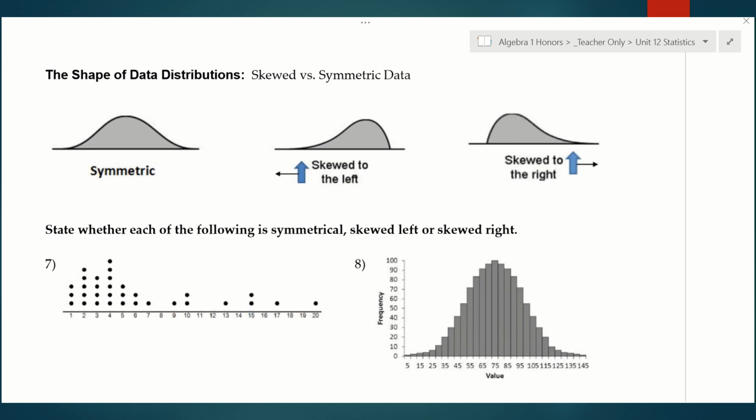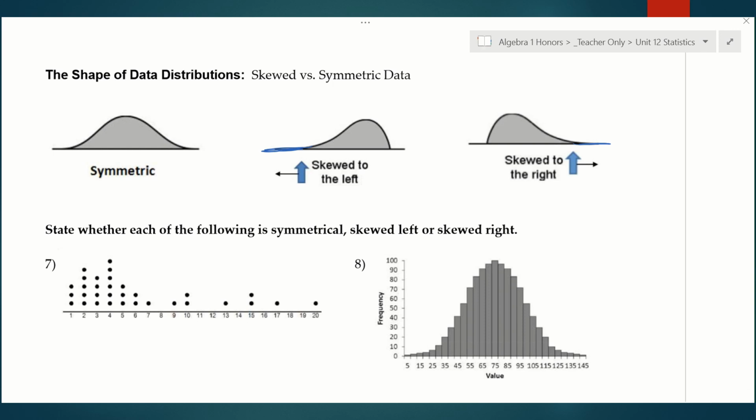I want you to think about it this way: wherever the tail end of your data is, that's the way that it's skewed. If you look at these examples here, this tail end right here is going left, so that means it's skewed to the left. And in this one, your tail end is going to the right, so that means it's skewed to the right. In my mind, it's a little counterintuitive, but if you can think of where the tail is, that usually helps.